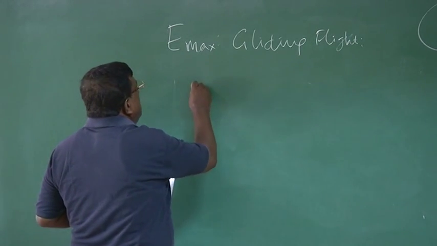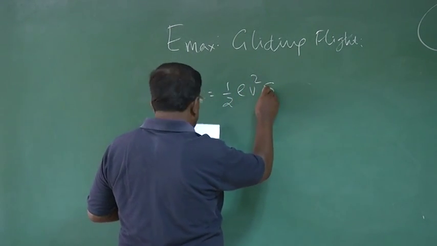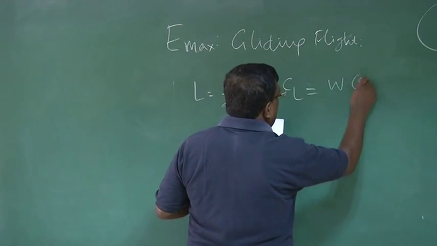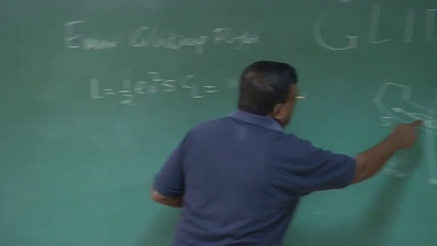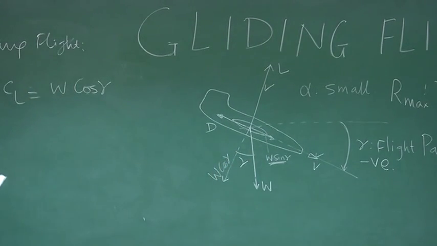You know, lift equals half rho V square S CL, that is equal to W cos gamma. We have seen from here, lift equals W cos gamma. This angle is also gamma, right?